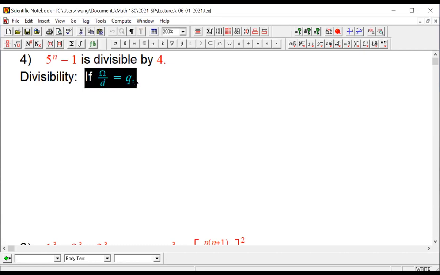If this is true, that is, omega is equal to the divisor multiplied by the quotient, you can see the remainder is not visible, not available. That means the remainder is 0.